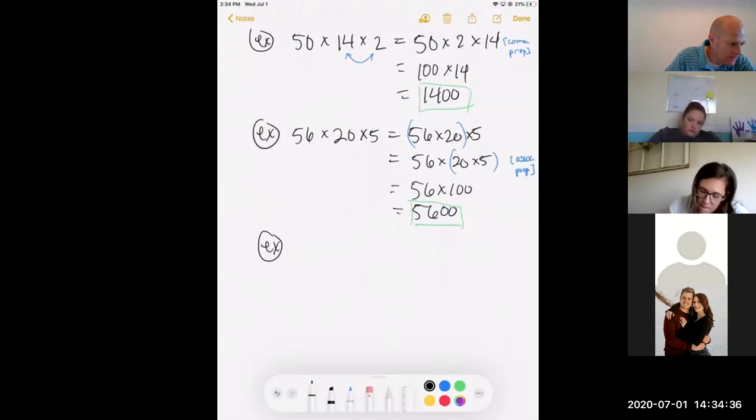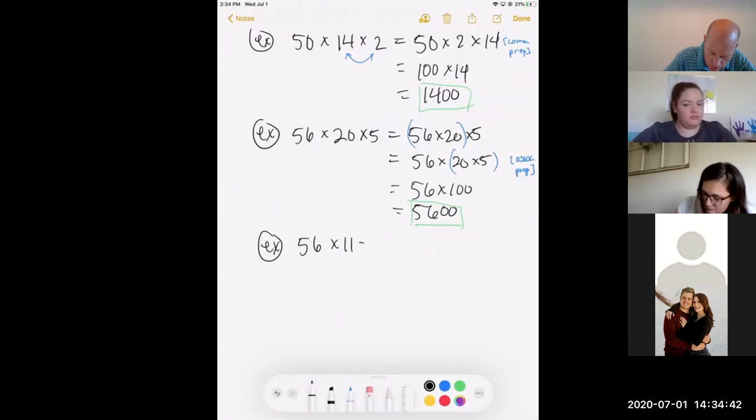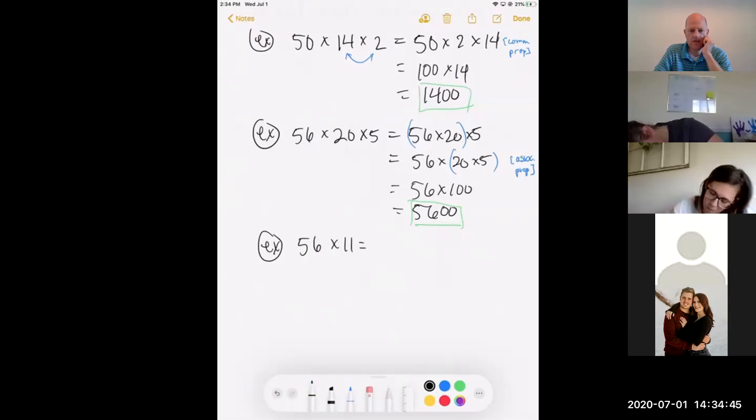Next one is 56 times 11. Now on this one, we won't use commutative.